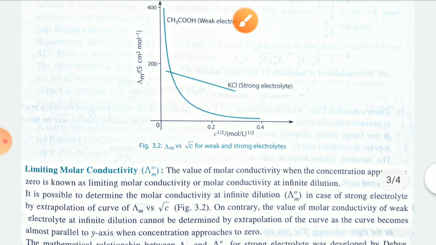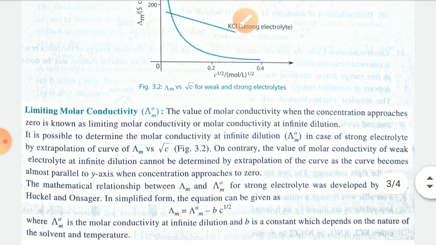Limiting molar conductivity, represented by lambda naught m. The value of molar conductivity when the concentration approaches 0 is known as limiting molar conductivity, or molar conductivity at infinite dilution.